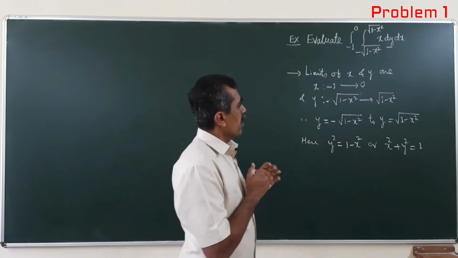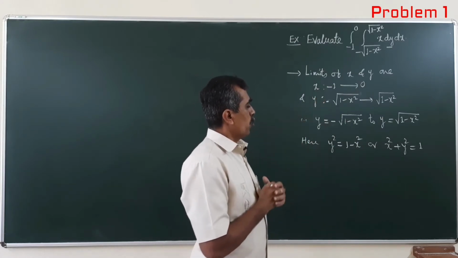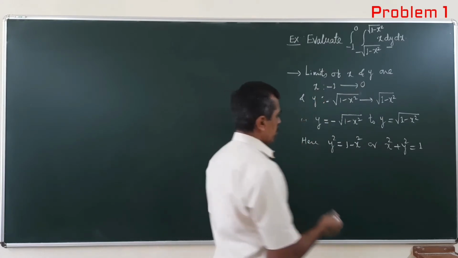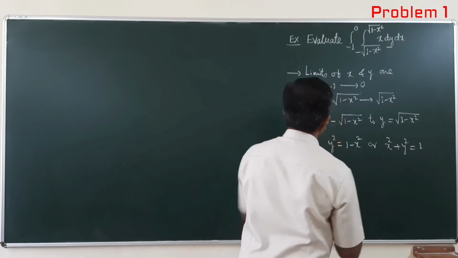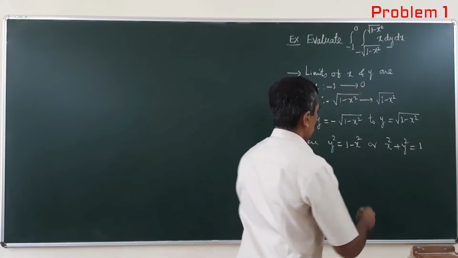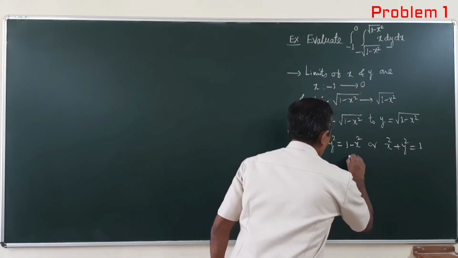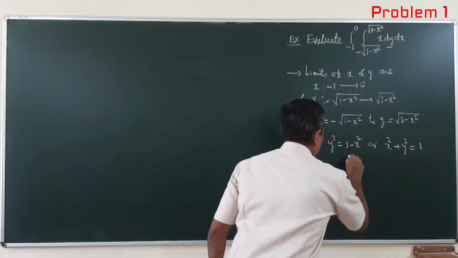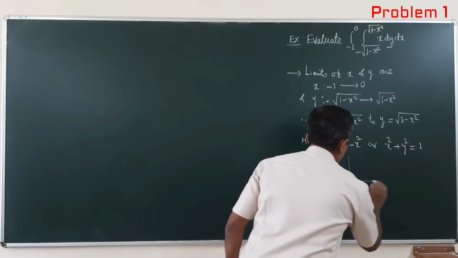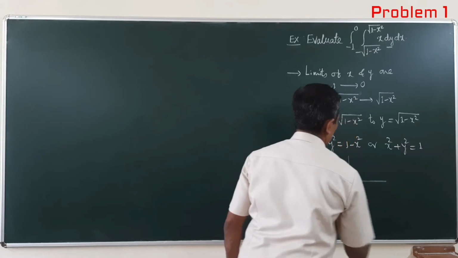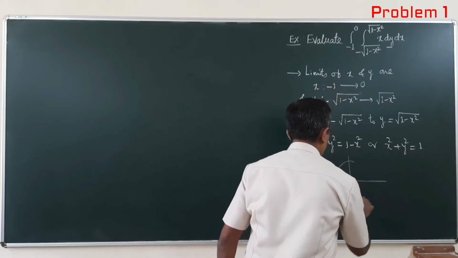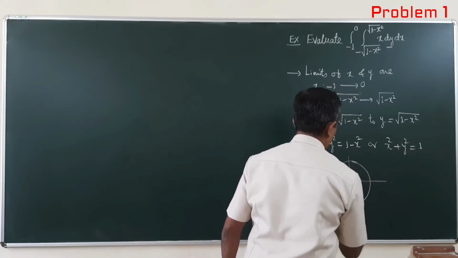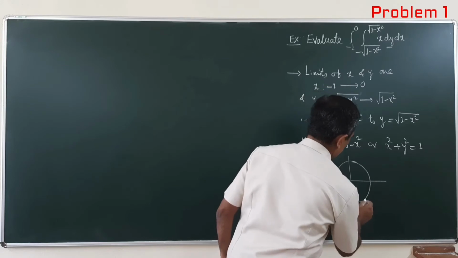Now we will see what the domain of integration is. x runs from minus 1 to 0. We will plot the region. First of all, I will plot this circle so that things become easy.